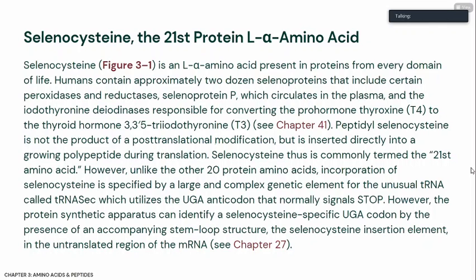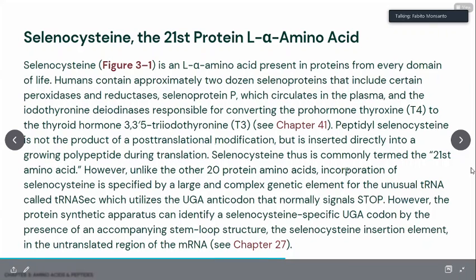Actually, it is the transfer RNA, the tRNA-Sec for selenium, which utilizes the codon UGA, which is a signal for stop, meaning no more translation.